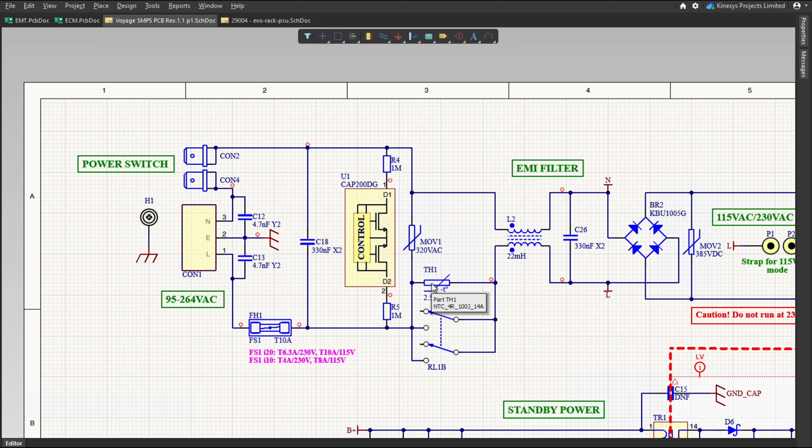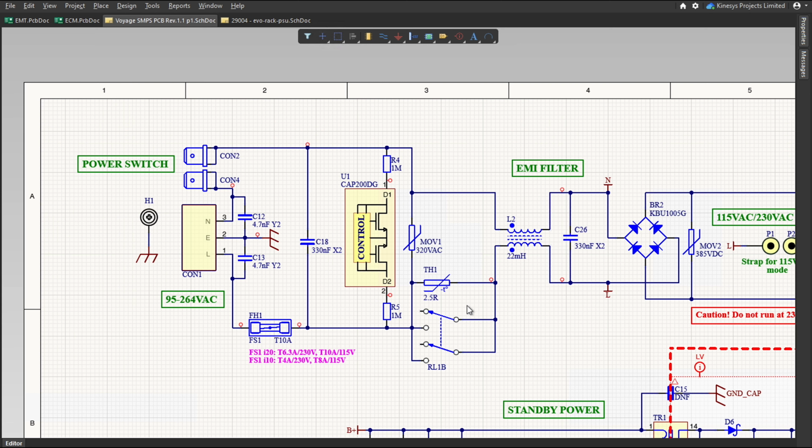As the current starts flowing in, it's going to limit the initial spike, but the thermistor will get hotter and hotter, and as it gets hot, its resistance will drop to almost 0 ohm. So at this point it's not going to influence the system quite as much, and it will stop limiting current.